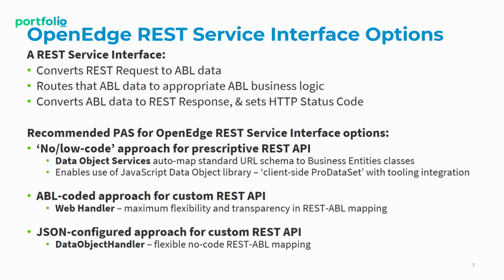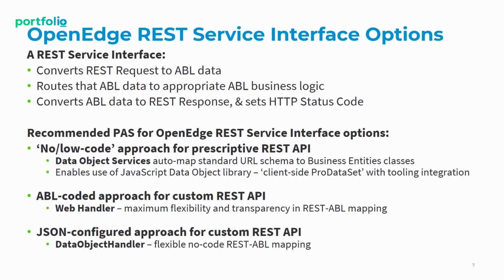It's a particularly good option if your back end is already nicely separated and you've got service interface classes or procedures that you can call. Web handler is a better approach if you have ABL resources, you want to have control, and you want the ultimate ability to debug through exactly how that REST service interface layer is operating. And if you're going to have to refactor some of the back end and put wrapper classes and everything in place as part of this process, then the web handler is the way to go.